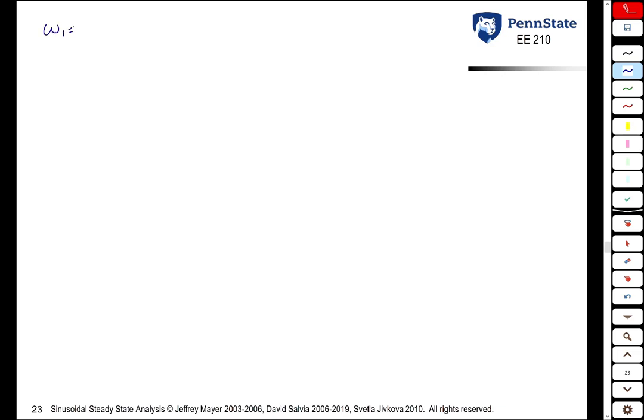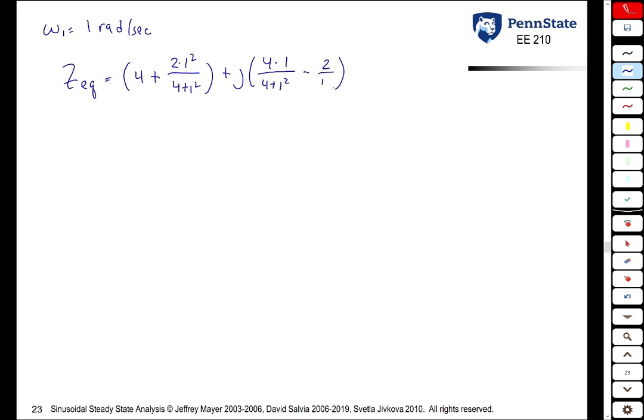When our frequency of operation is 1 radian per second, we get Z equivalent from the previous page. Wherever we see ω, we're going to replace it by 1. We get 4 plus 2 times 1 squared over 4 plus 1 squared plus j times 4 times 1 over 4 plus 1 squared minus 2 over 1.